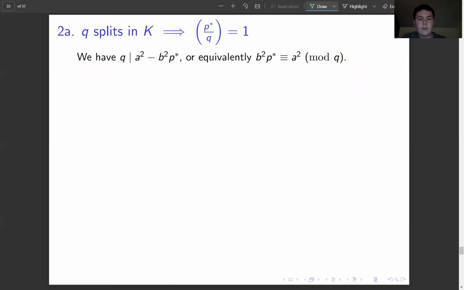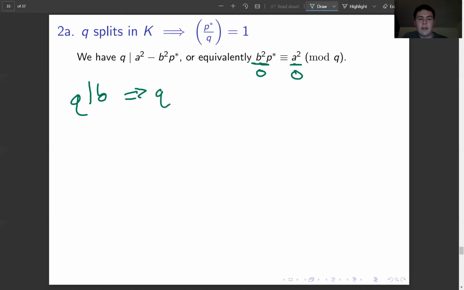So now that Q divides this difference, we can say that b squared p star is congruent to a squared mod Q. What we'd really like to do is divide by b squared, but we can't do that unless we know that b squared is relatively prime to Q. So let's suppose for contradiction that Q divides B. Well, that would mean this side is 0, which means this side also has to be 0.